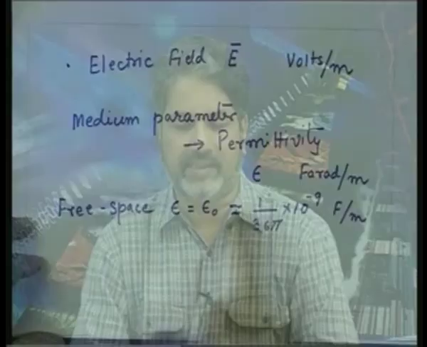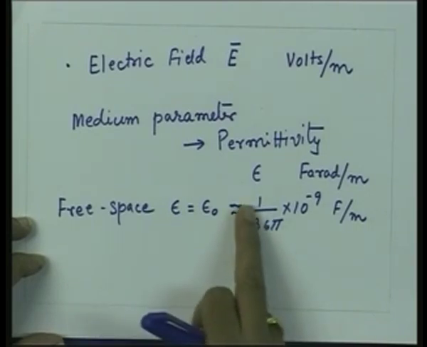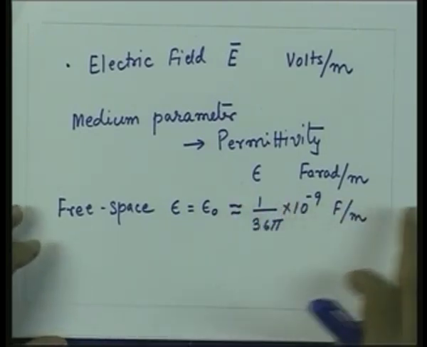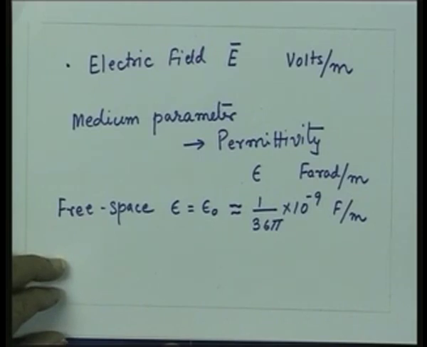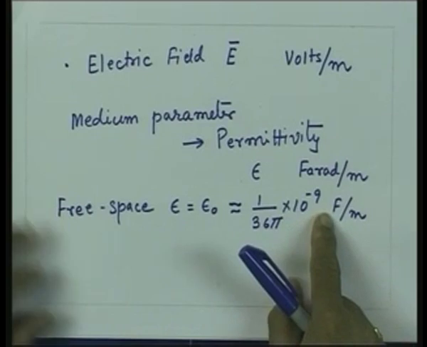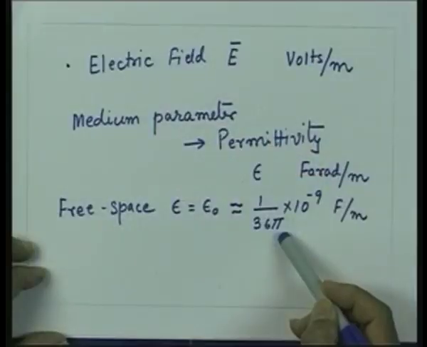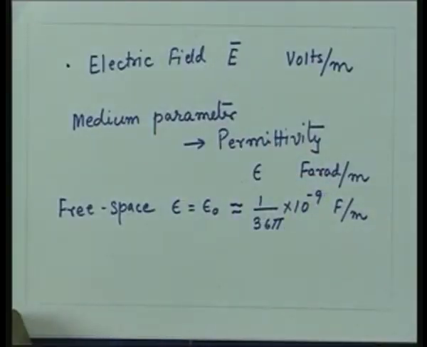So, in the space which is nothing, which is vacuum, even for that the permittivity has a value, which is this. Many times this is also written as 8.86 10 to the power minus 12 and so on. However, it is easy to remember 1 upon 36 pi into 10 to the power minus 9 rather than remembering 8.8 something. So, generally we prefer to write the permittivity of the free space as 1 over 36 pi into 10 to the power minus 9 farads per meter.